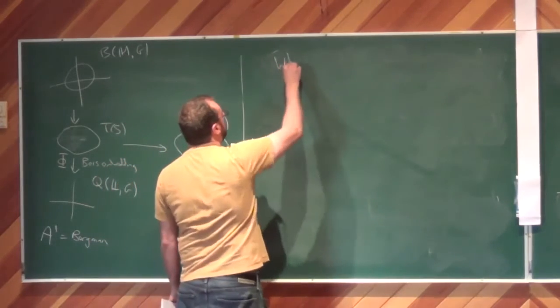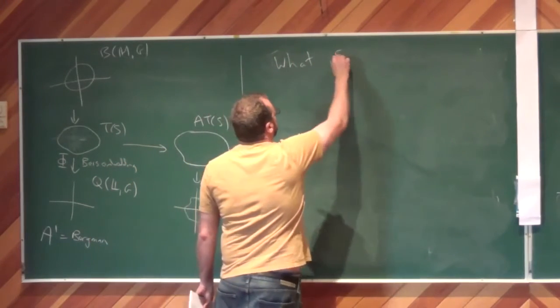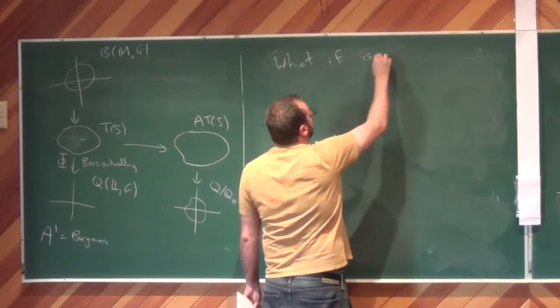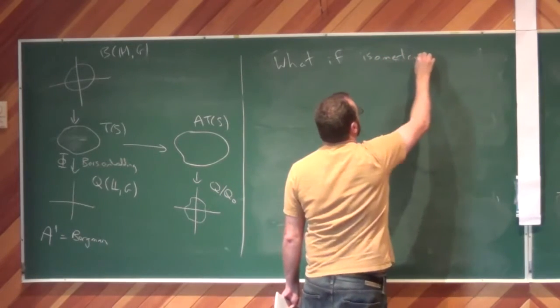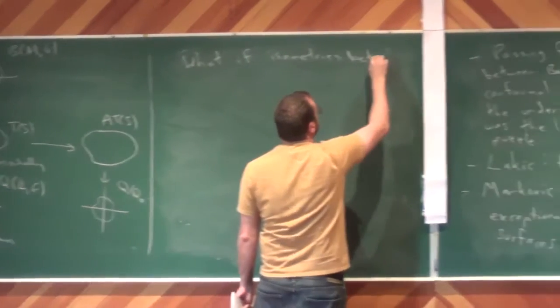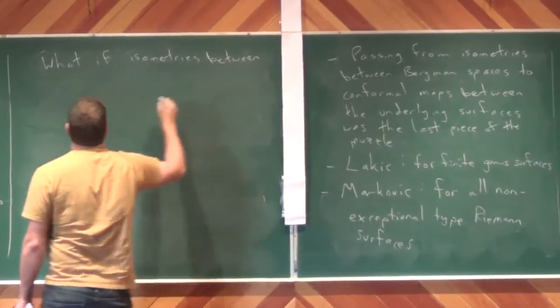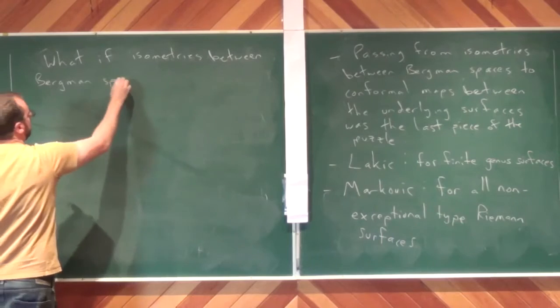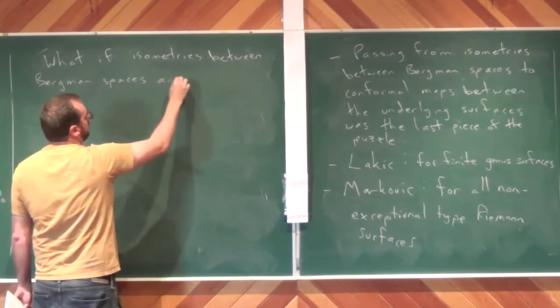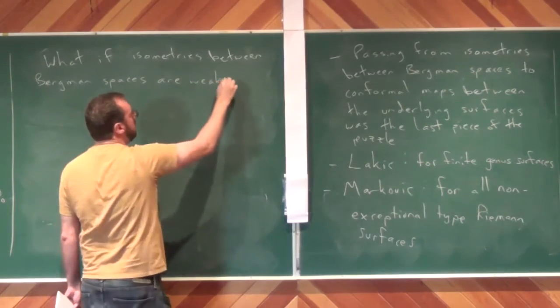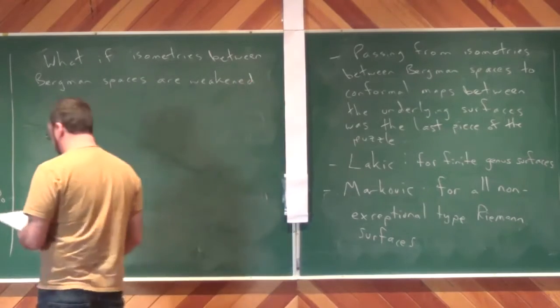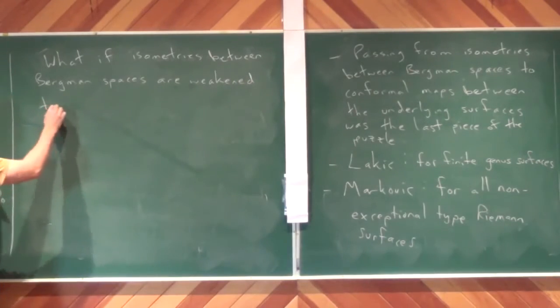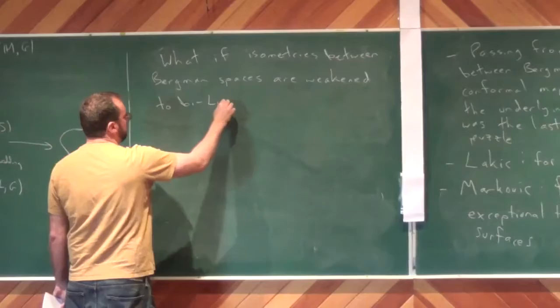So what if isometries between Bergman spaces are weakened to bi-Lipschitz maps?